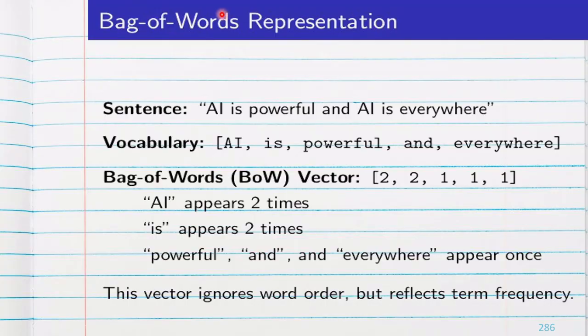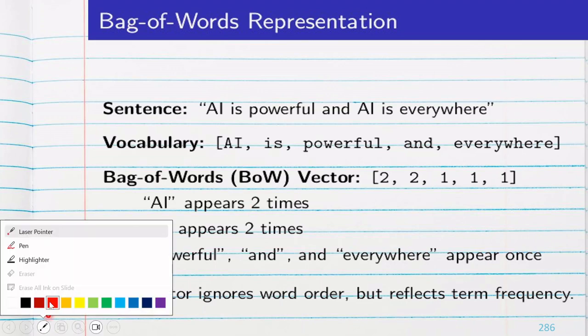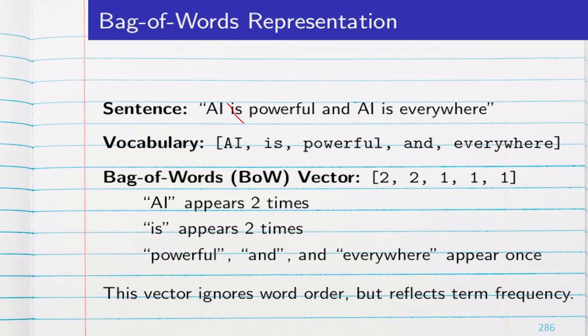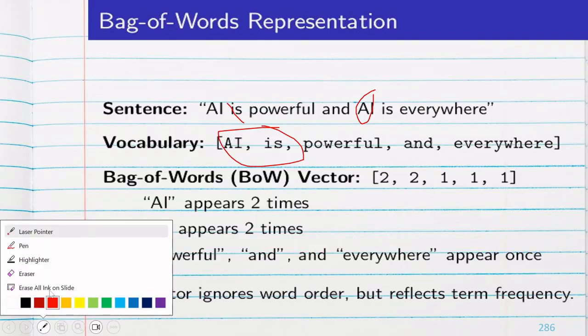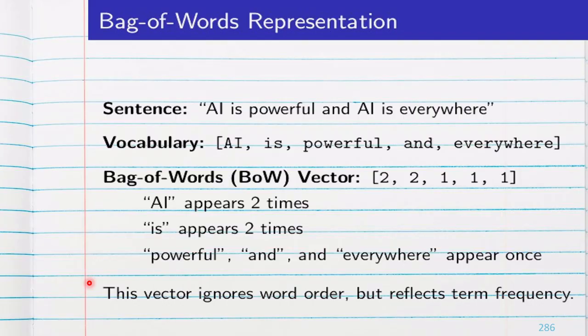Next is the bag of words representation of text data. For the sentence AI is powerful and AI is everywhere, the vocabulary is AI, is, powerful, and, everywhere; we delete the common terms that repeat. Bag of words means the frequency of occurrence, a count. First is the term AI.